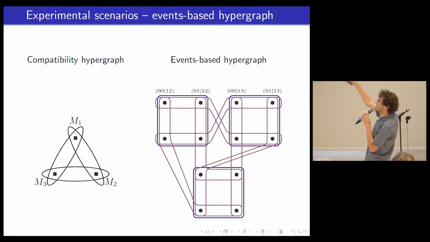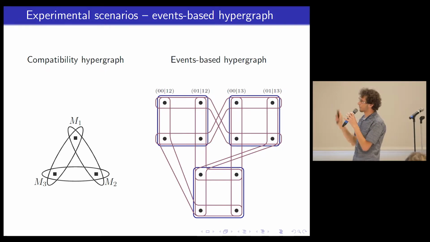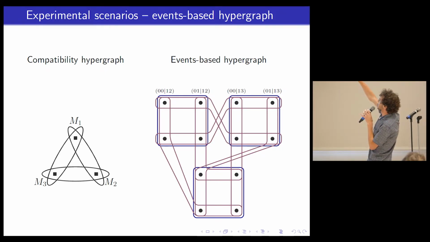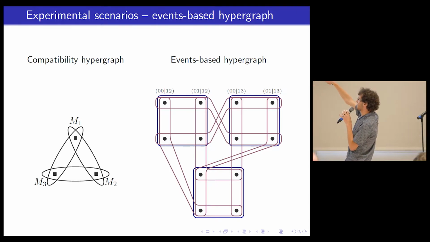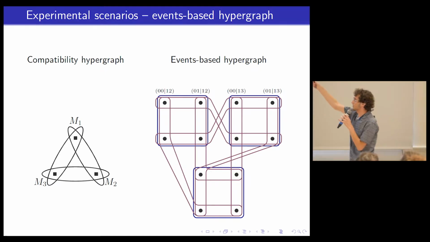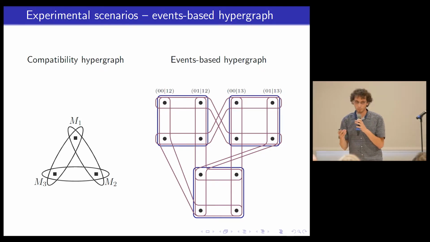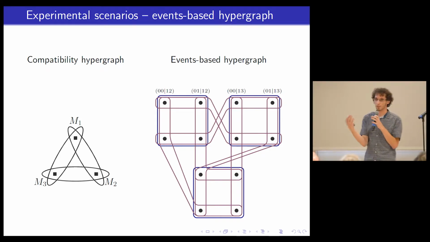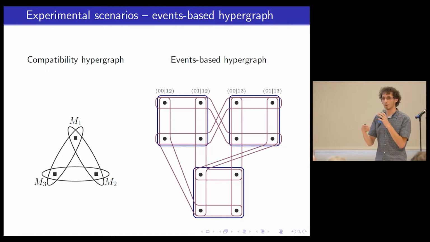Just to illustrate what those events are, for example, this top left one. I wrote here 0, 0 given 1, 2. That just means that this event corresponds to outcomes 0 and 0, given that measurements M1 and M2 were performed, and so on. It doesn't really matter which one is which for our purposes. Now, in both of these pictures, we can talk about the probabilistic models.